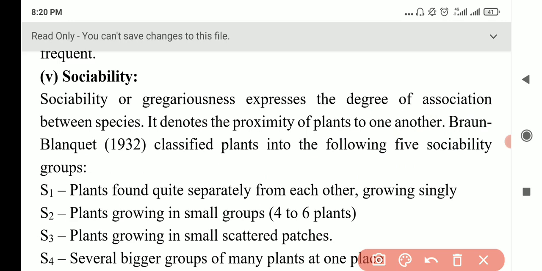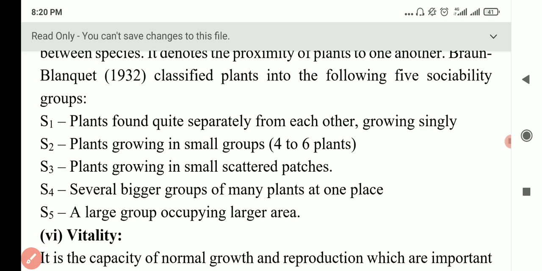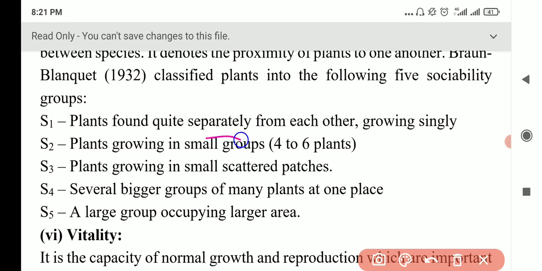Now let's look at the classification. If it belongs to the group S1, the plants are quite separate from each other and grow singly, meaning they are very far from each other. For example, just one pine tree, and then on the next hillock is another pine tree.